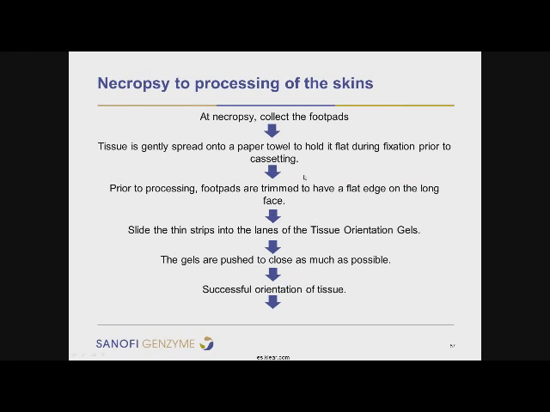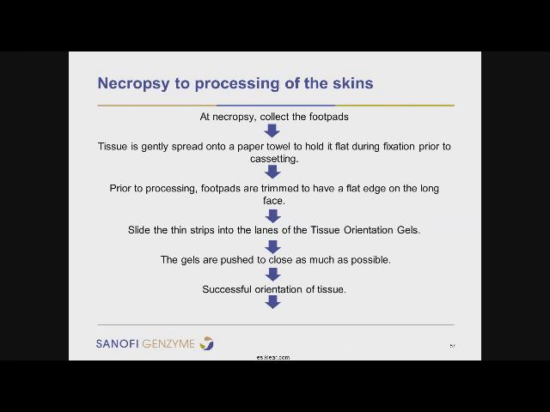So my plan was at necropsy to collect the foot pads and back skin as well, but we're just going to show you foot pads in this case. And then we're going to spread that tissue onto the paper towels to hold it flat during the fixation prior to cassetting. After they are processed, the foot pads are going to be trimmed to have a flat edge along one long face, and then we're going to slide these thin strips into the lanes of the tissue orientation gels.